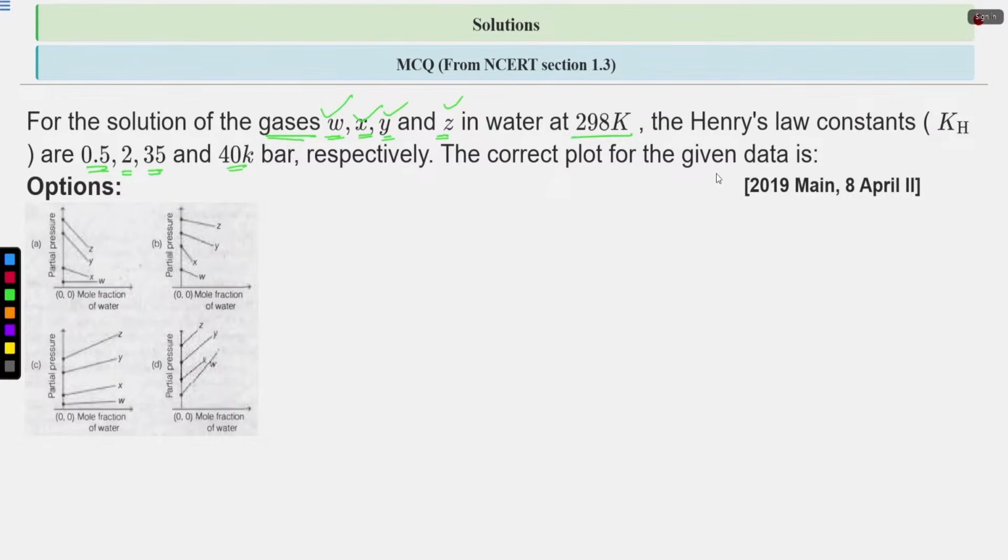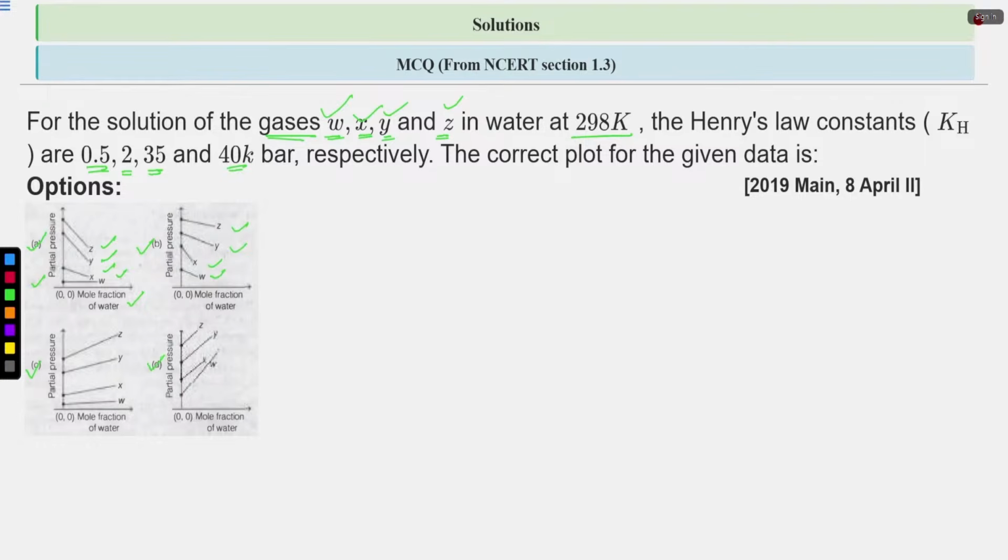The correct plot for the given data is, now when you see this data, what will be the correct plot for this? We have been given 4 options. Option A is a graph representing partial pressure and the mole fraction of water, with the Z, Y, X, and W graphs. Option B is also between the partial pressure and mole fraction of water, with the graphs of Z, Y, X, and W gases.